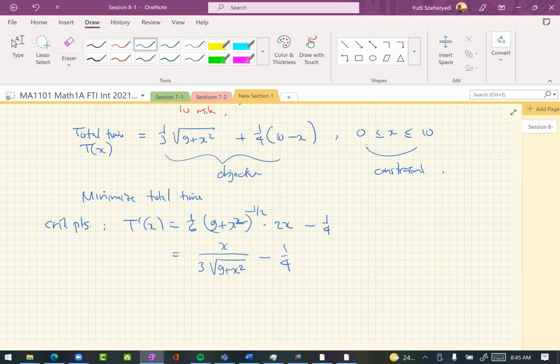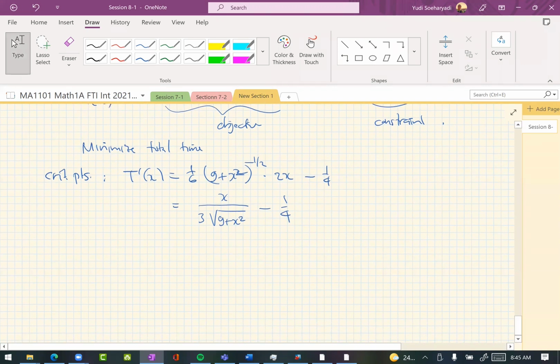Okay. So let's take it equals 0. If you solve this one, what do you get actually?